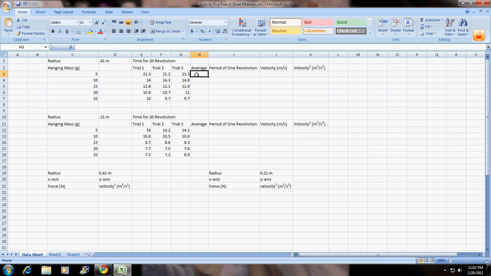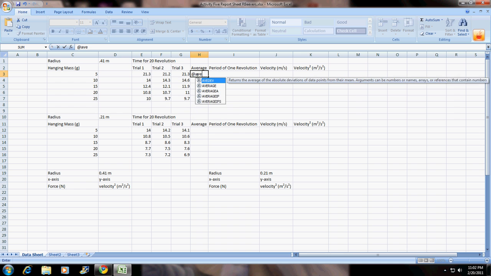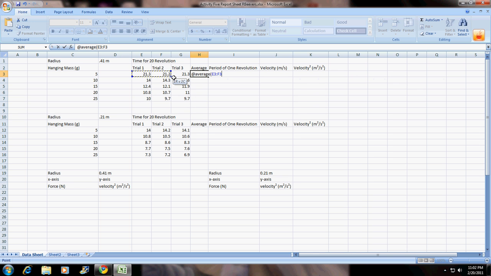So I'm going to put average, as we talked about before, open parentheses, select all three trials, close parentheses, hit enter, and it gives me my average.